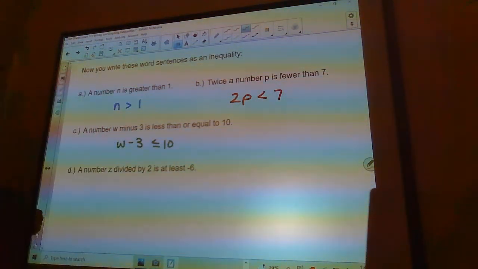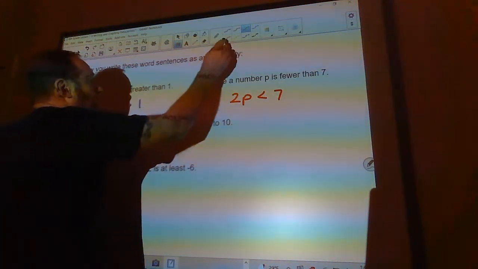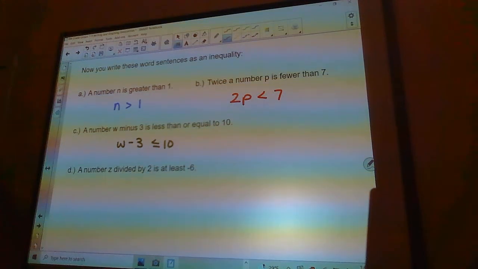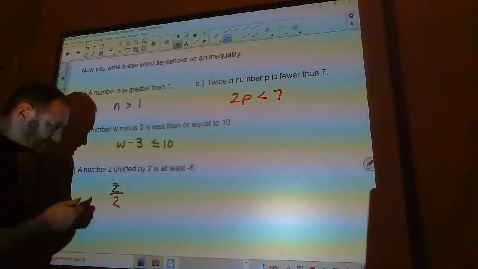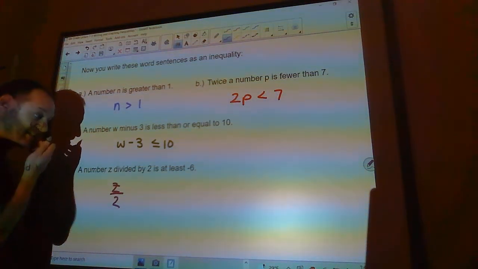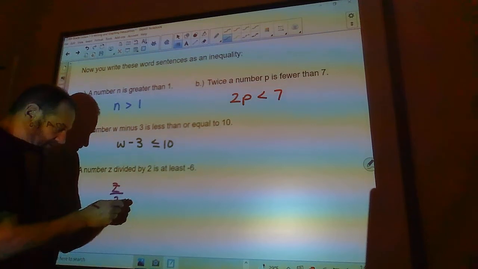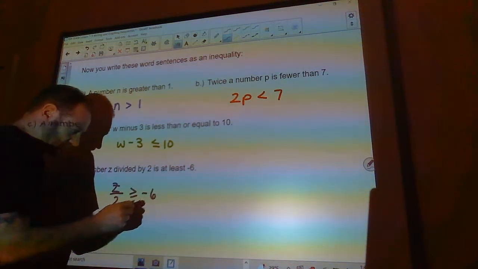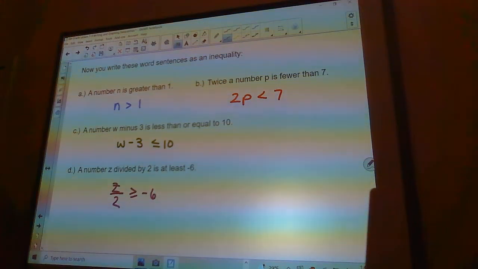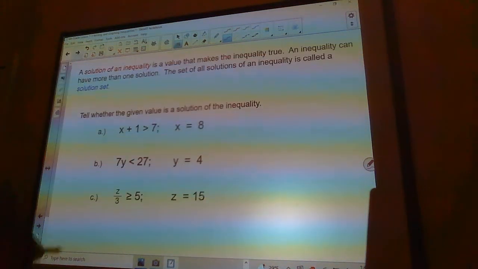Okay, that one's pretty simple. A number z divided by 2, so z divided by 2, is at least -6. So that means it's got to be greater than or equal to -6. That's a tricky one. You got to watch out for the last one.